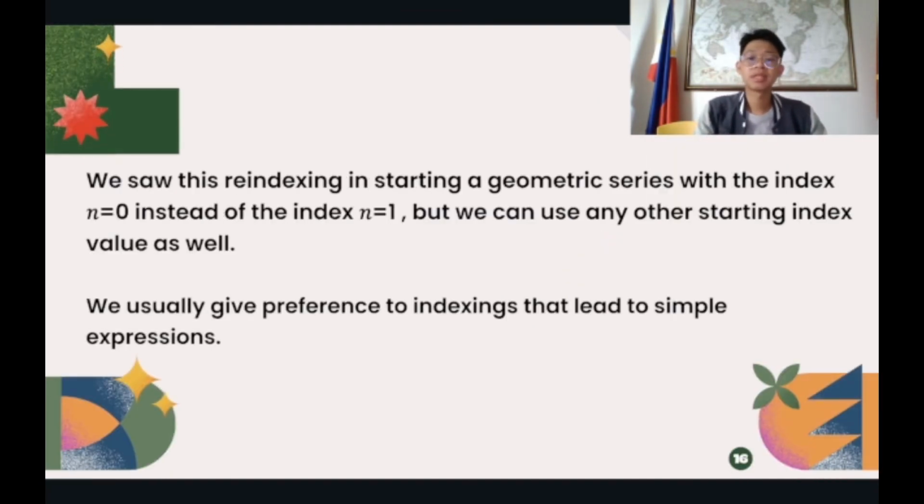We saw reindexing when studying a geometric series with the index n equals 0 instead of n equals 1, but we can use any other starting index value as well. We usually give preference to indexings that lead to simple expressions.